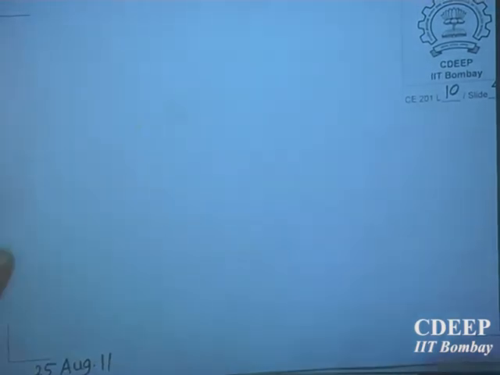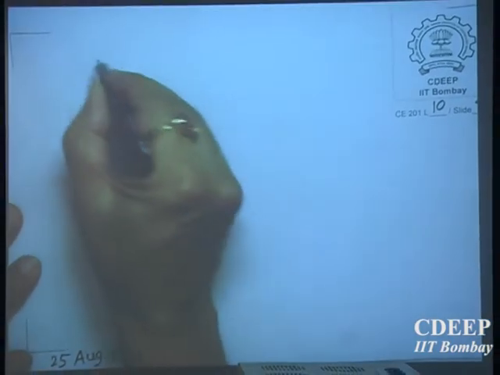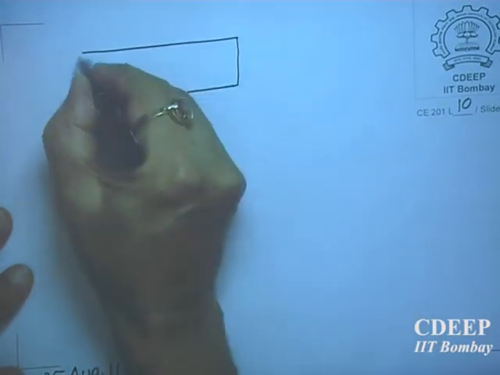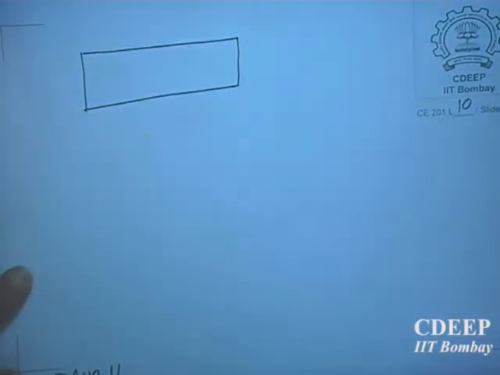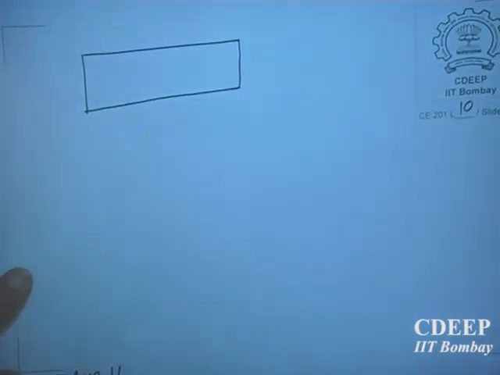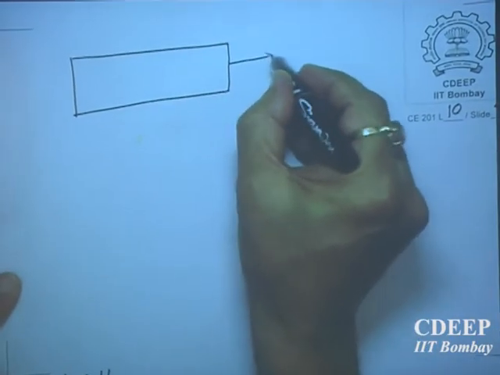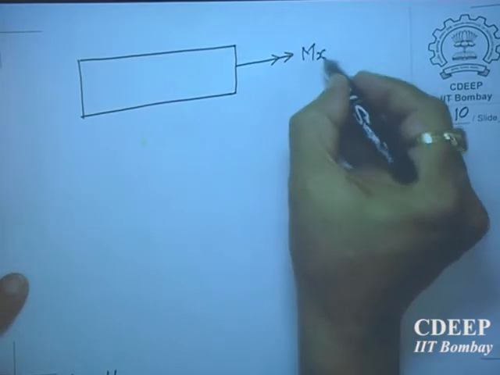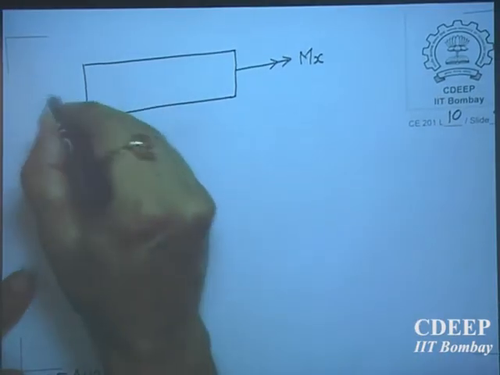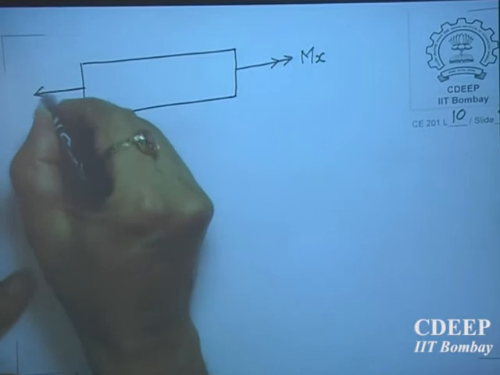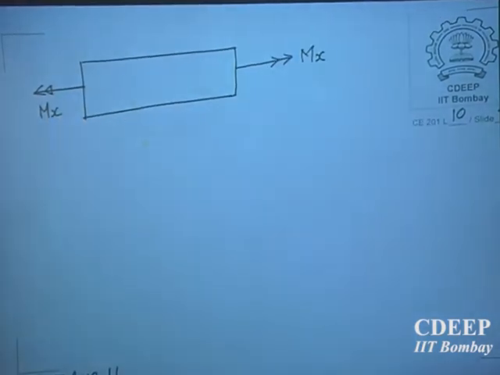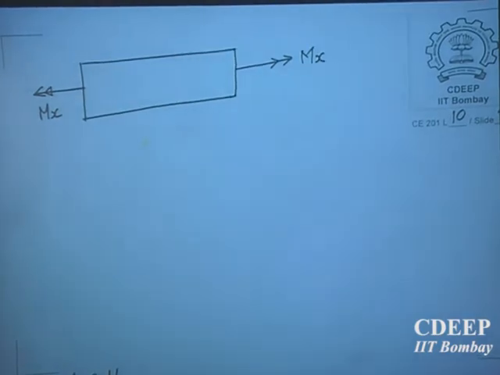So slender member is there. I am drawing only the, so this is length L, this is a slender member, and now it is subjected to Mx. This body is in state of equilibrium.